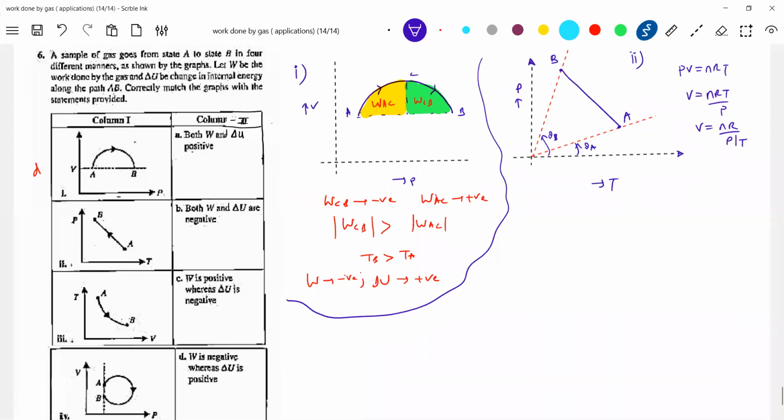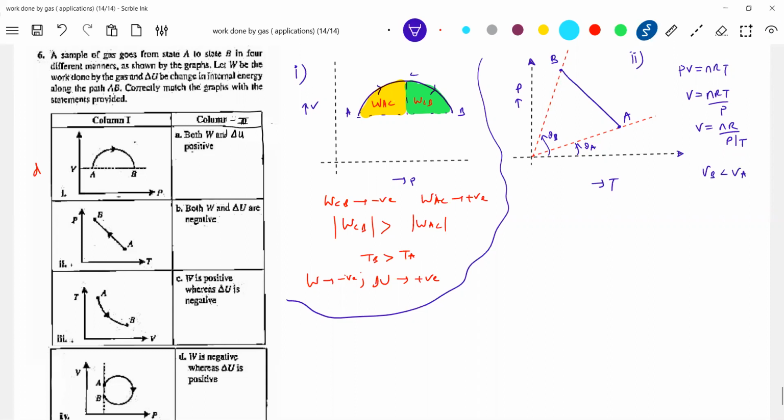So with this, what we can conclude here: the slope for this straight line is more than this one. I agree, all of you, P by T ratio. So theta B is greater than theta A. So therefore VB will be less than VA.